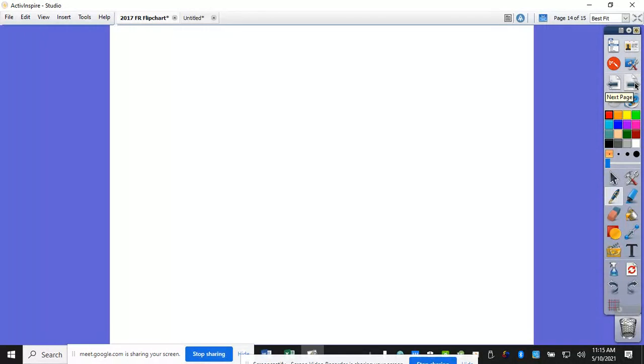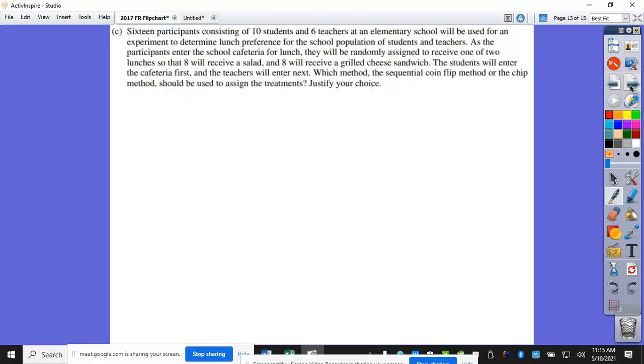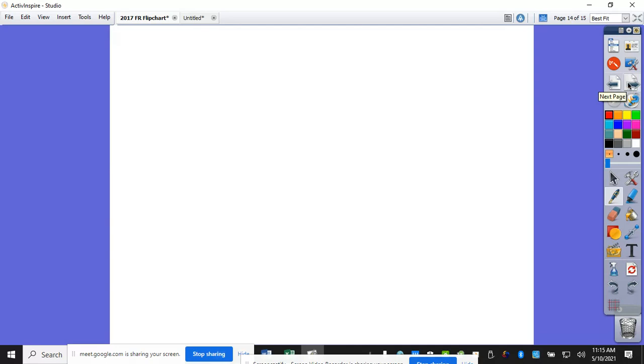The order it said was man 1, then man 2, then woman 1, then woman 2. Tails sent them to the treatment group. So what is my first event? Who am I dealing with first?